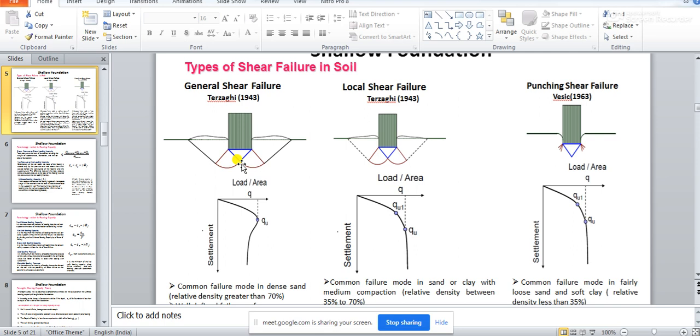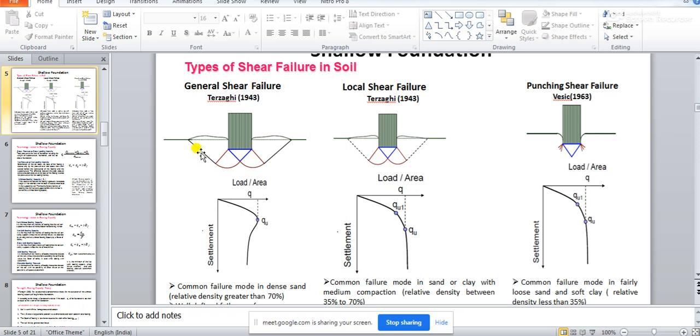There will be a shearing force coming in the radial direction in these two zones. Beyond this zone there are also two prominent failure lines. Can you observe these two prominent failure lines on these two sides of this triangle or the spiral shaped failure zone? This line and this line are coming, and this is called the zone of radial shear.